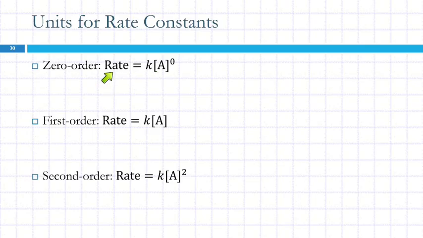What are the units of rate? Molarity per second. We don't know what the units of k are. A is in molarity, but it's raised to the 0 power, so it's just 1. So the rate constant has units of molarity per second.